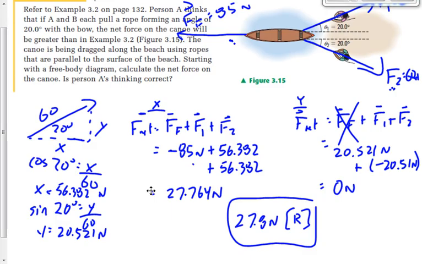Make sure that it makes sense to you why FF was -85 right here, but why FF was 0 over here. Why F1 was 20 right here, but -20 right here, and 56 here and 56 here. If that stuff makes sense to you, then you should be good to go on these questions. There shouldn't be any trouble at all. So don't just remember it, though. Understand it.